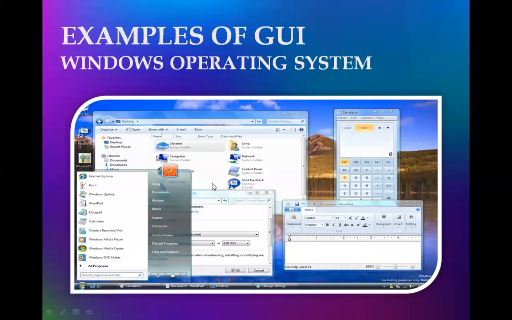That's why it is an example of GUI, graphical user interface, and a user can easily interact with it because all commands are represented in graphical images.